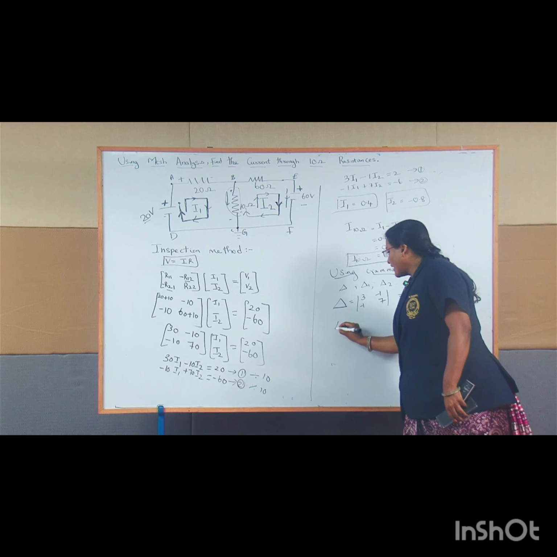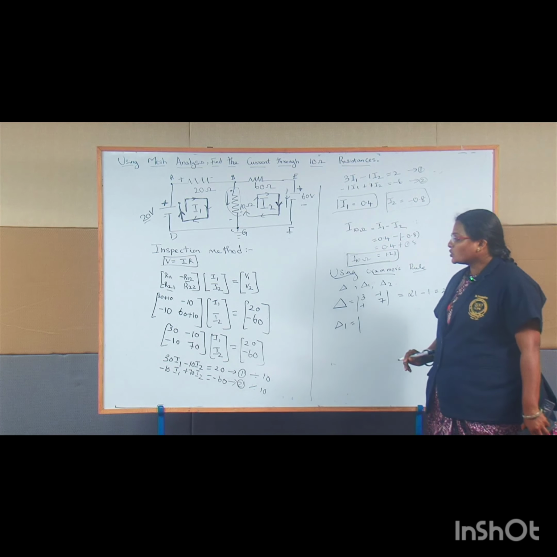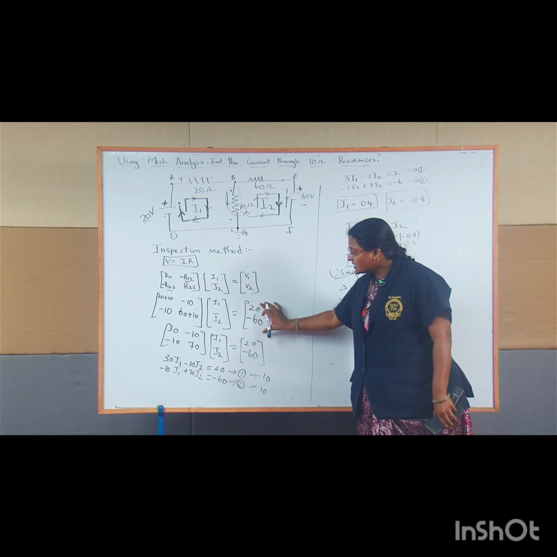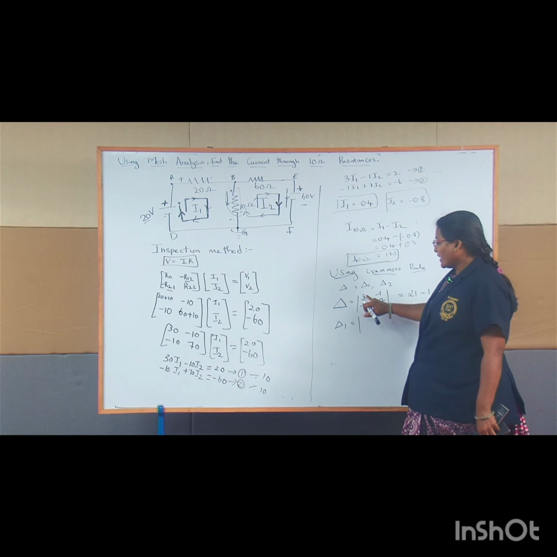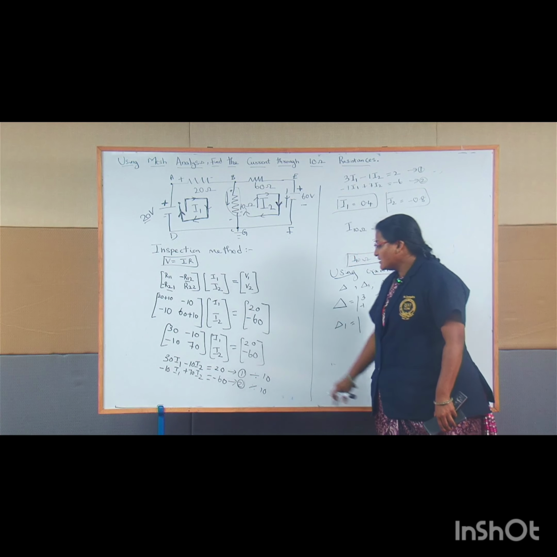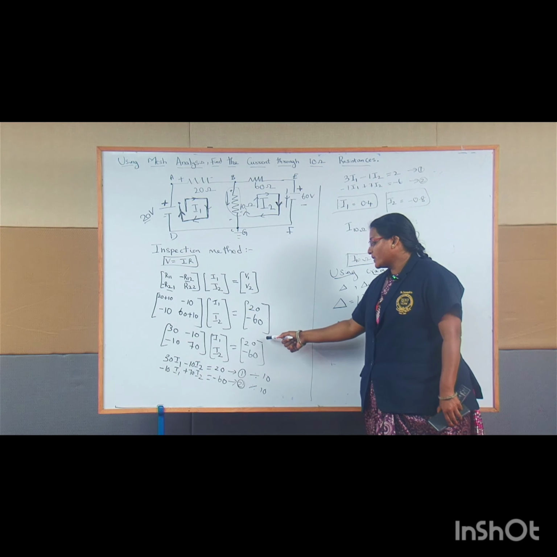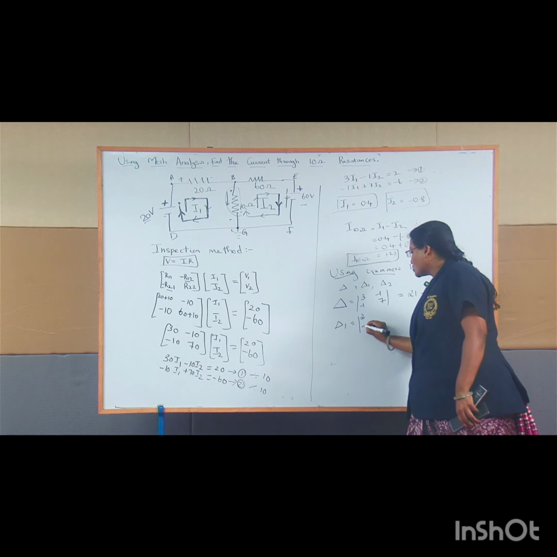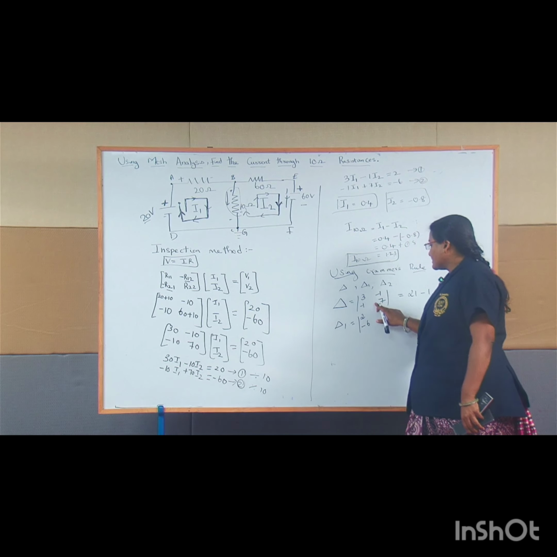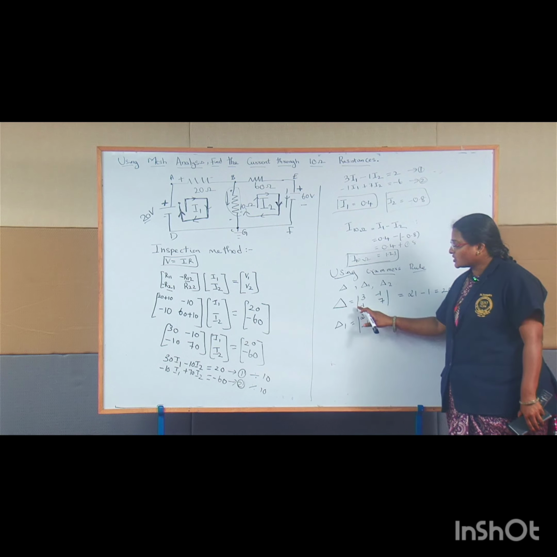Similarly, you have to find del 1. For del 1, you replace the first column, 3 minus 1, with 20 and 60. Since you already divided by 10, it becomes 2 and minus 6. You do not need to change the other column; you replace the first column alone.